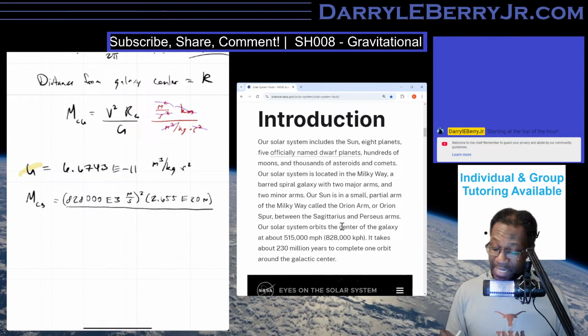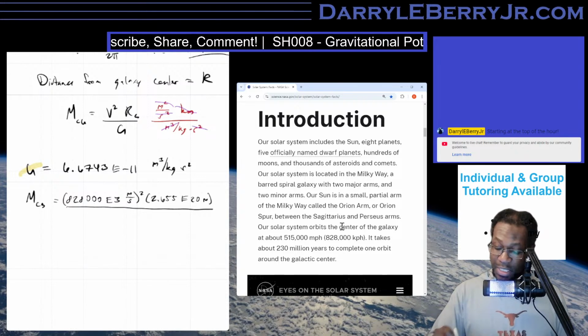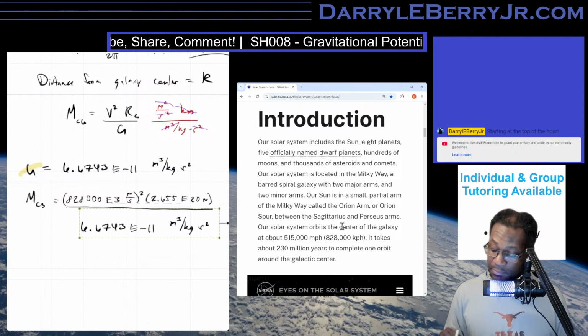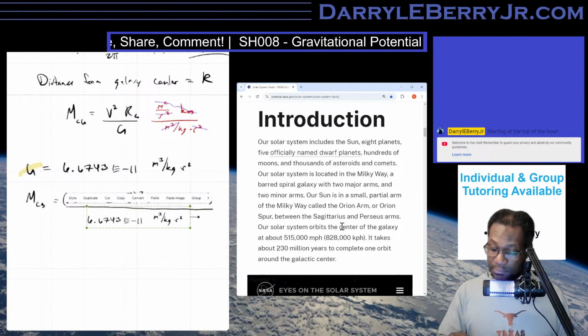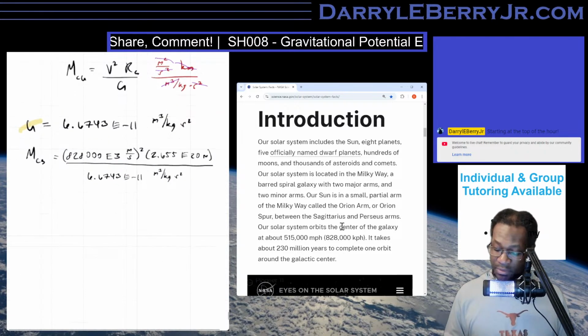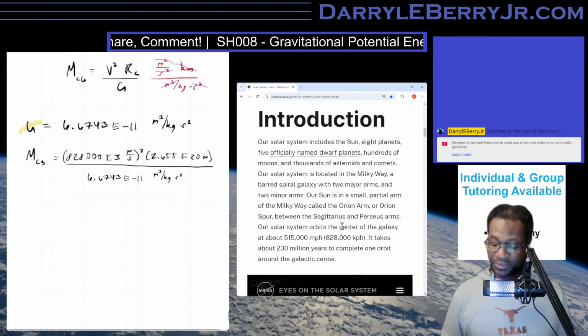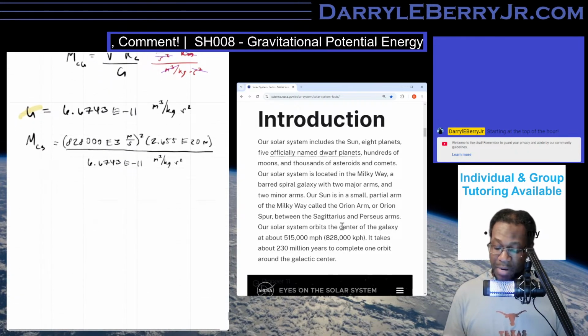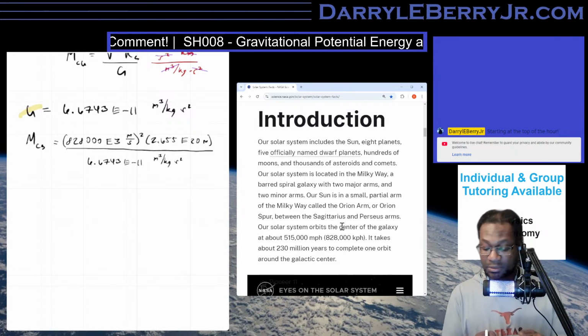And we're dividing by 6.6743 times 10 to the negative 11 meters cubed over kilogram second squared. That's the gravitational constant. Let's see what we come out with.